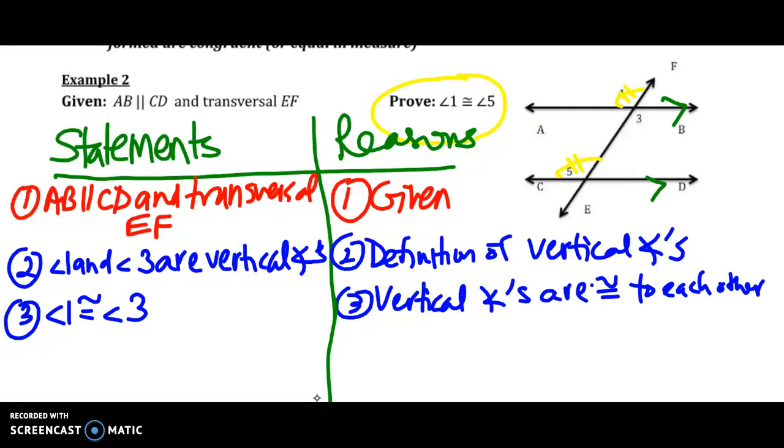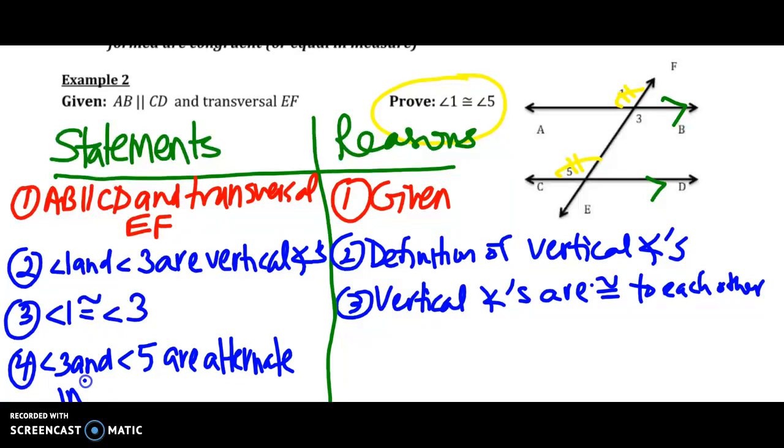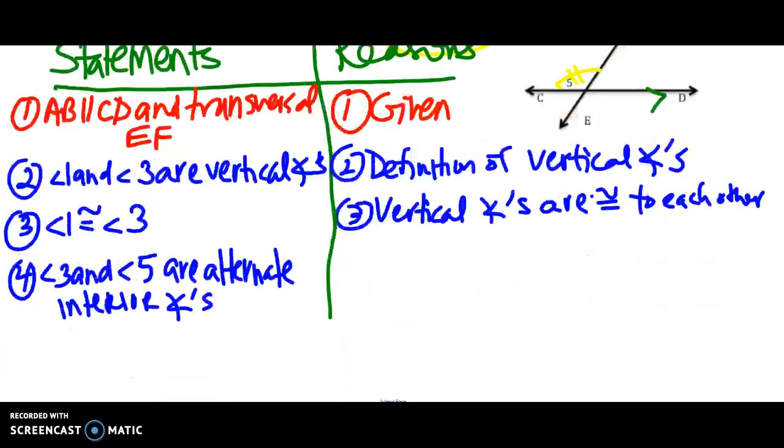today. Okay, well, next thing I can say is that angle 3 and angle 5 are alternate interior angles. And that's what they're defined to be.